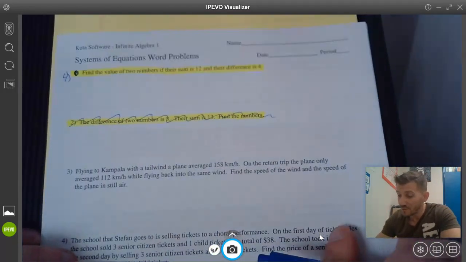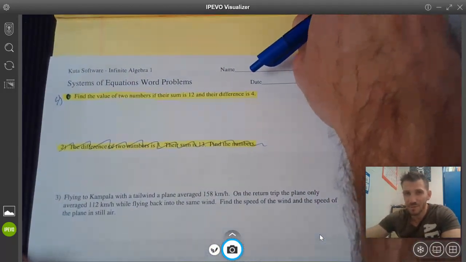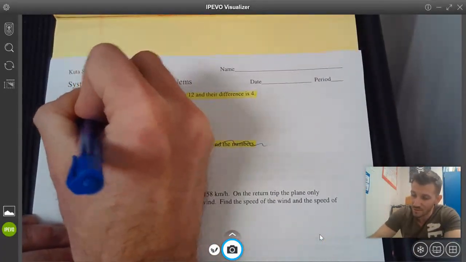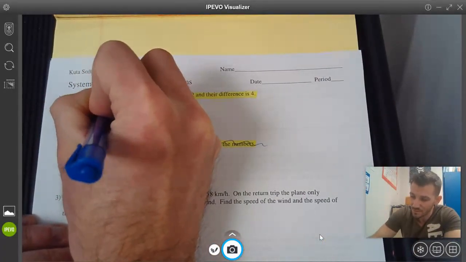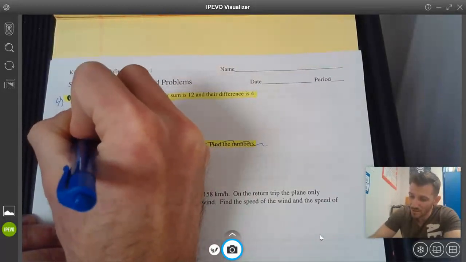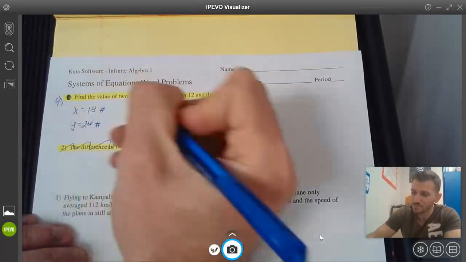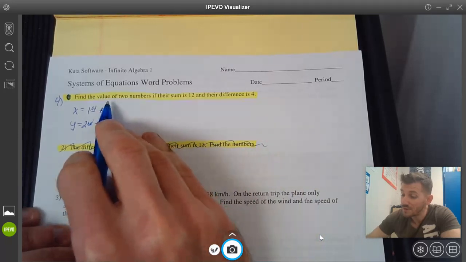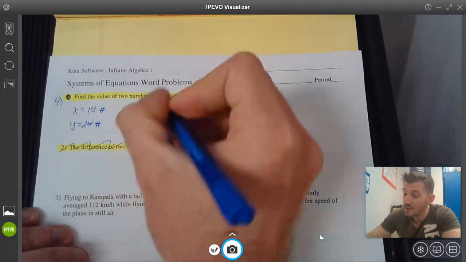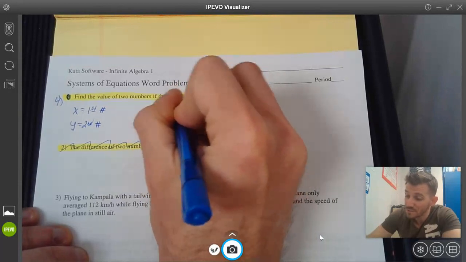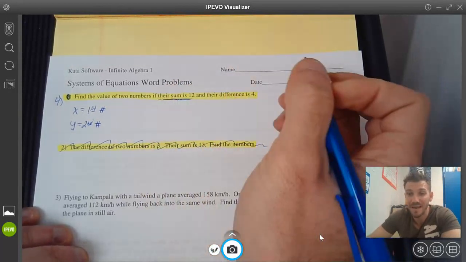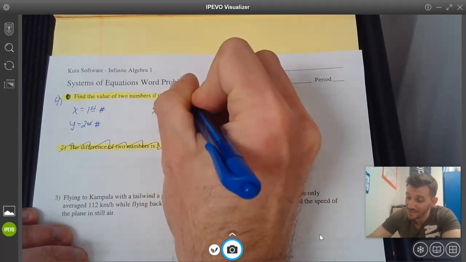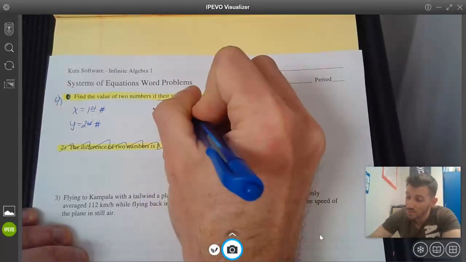All right. Find the value of two numbers if their sum is 12 and their difference is 4. So I'm going to call x the first number, and I'm going to call y the second number. Find the value of two numbers if their sum is 12. Sum means add. So x plus y equals 12.